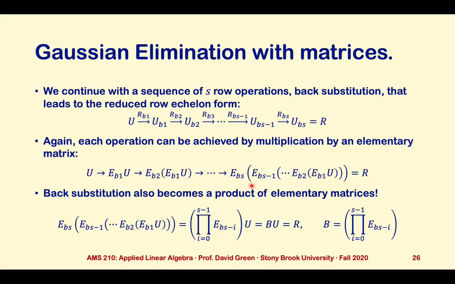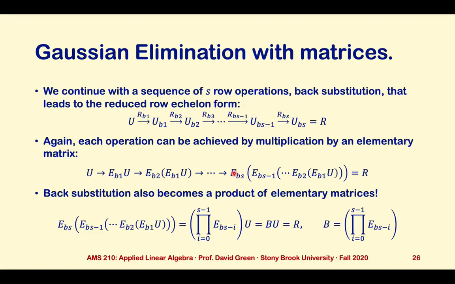And by the time we've reached our row echelon form, we've taken U and we've multiplied it by EB1 on the left, then EB2 on the left, then EB3 on the left, then all the way up to EBS on the very left-hand side.